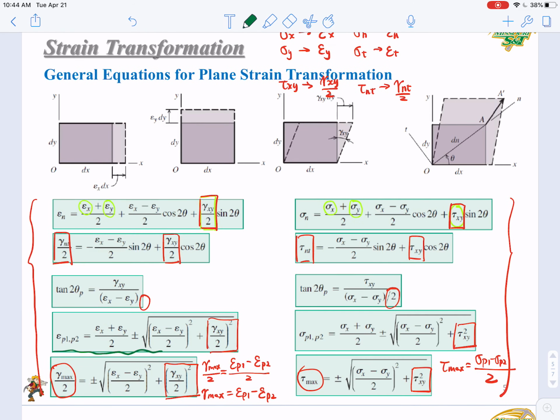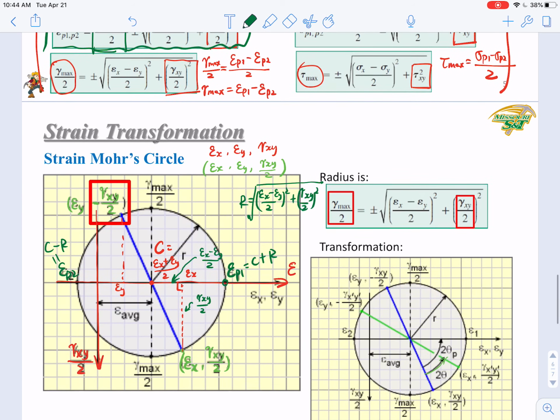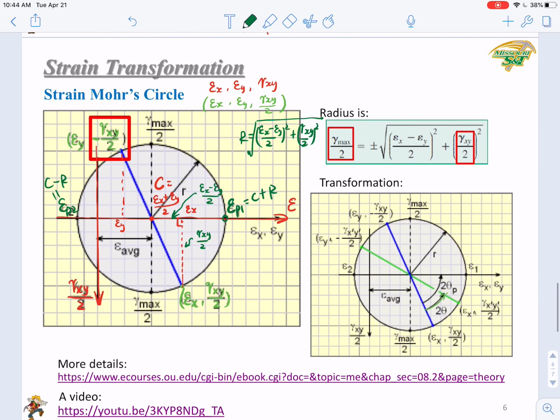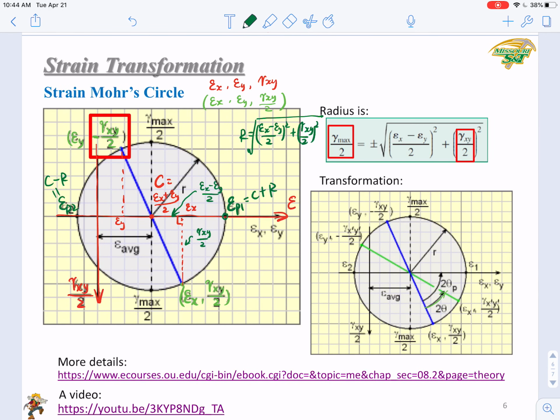This is the C coordinate, plus or minus the R. This is how we can derive these equations from the strain Mohr circle.